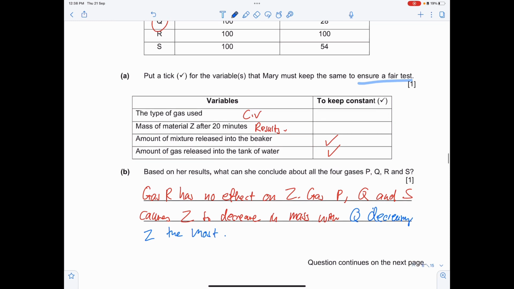Okay, so there are 3 things that you need to know. One is no effect. The next one is which are the 3 that cause it to decrease in mass, and the last one would be Q causes it to decrease the most.